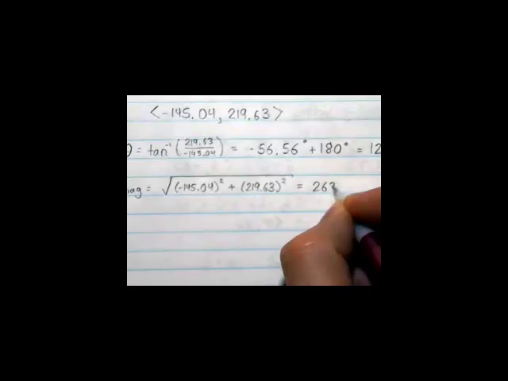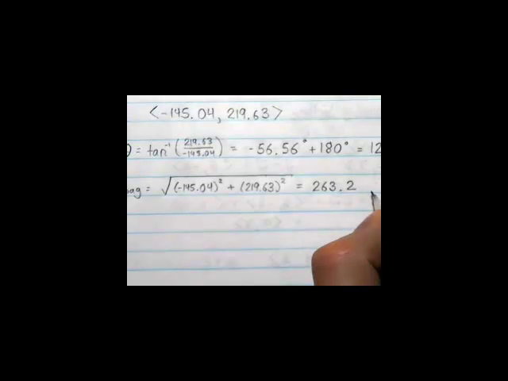Square root of negative 145.04 squared plus 219.63 squared. That's about 263.2. All right, and this was miles per hour we said, right? All right, so after the wind has pushed it around, the plane is now traveling at 123.44 degrees, and it now has a speed in that direction of 263.2 miles per hour.